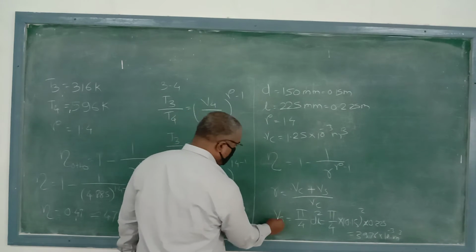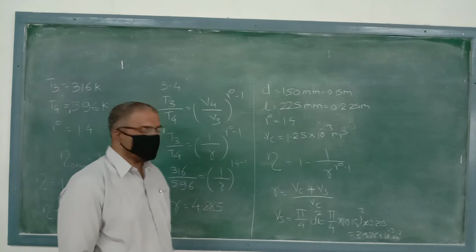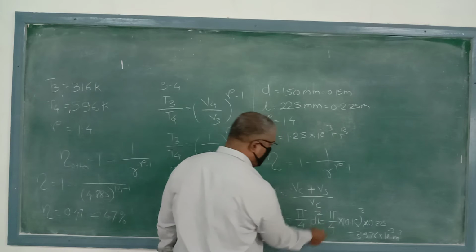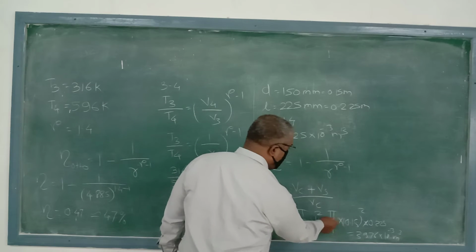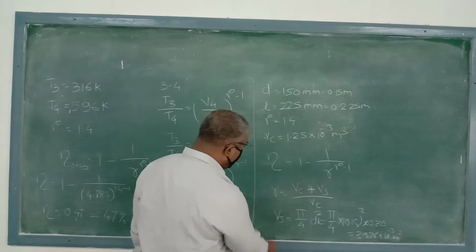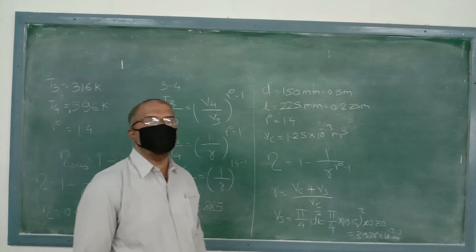See, we have to calculate the stroke volume. We have the formula pi by 4 d square into L. So we have substituted the value of diameter and the length, and we get the value of stroke volume.